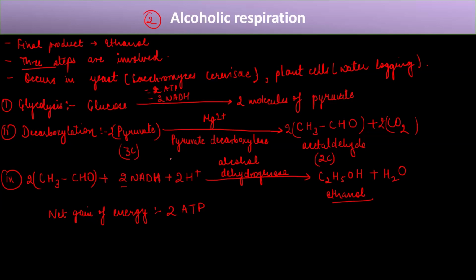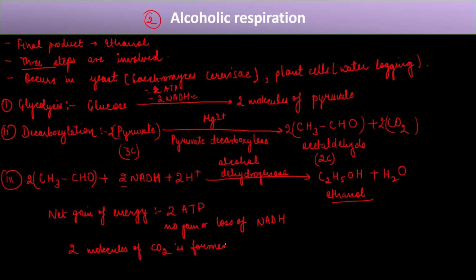The answer is no, because as in the case of lactic acid respiration, the NADH formed in the glycolysis step is utilized in the third step where ethanol formation takes place. So here there will be no gain or loss of NADH. And how many molecules of CO2 are formed? 2 molecules of carbon dioxide are formed.